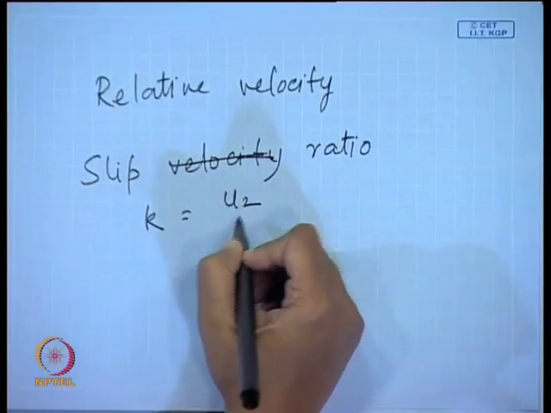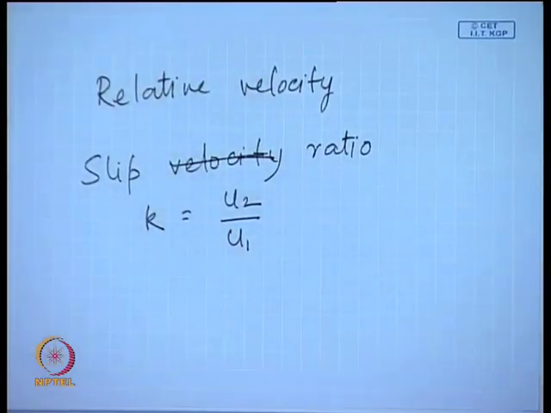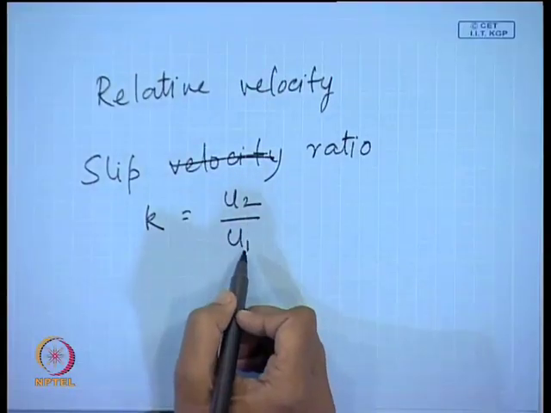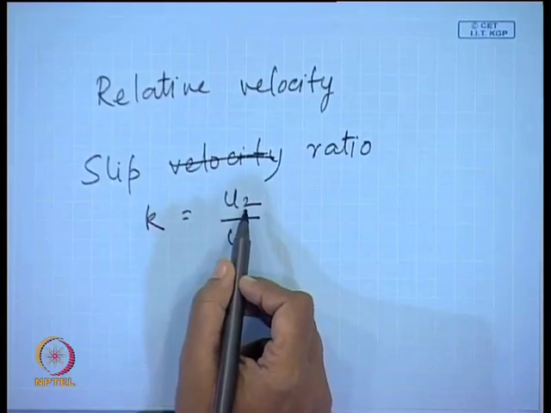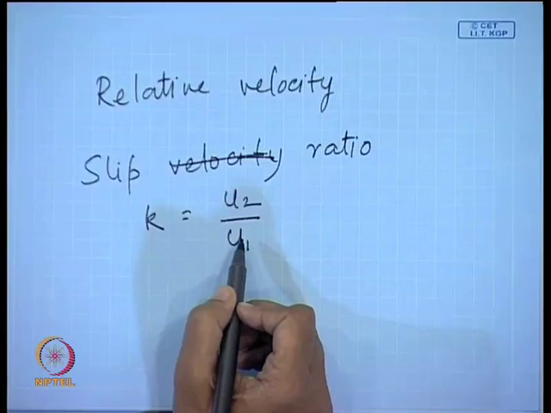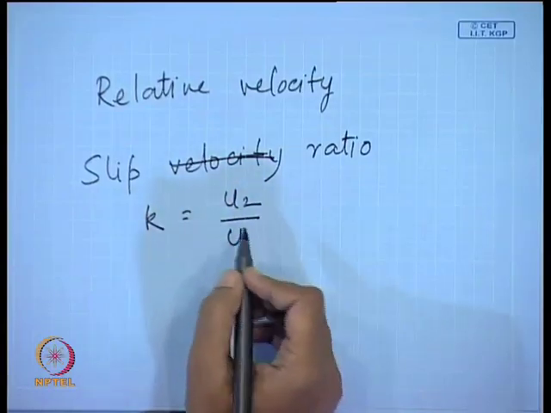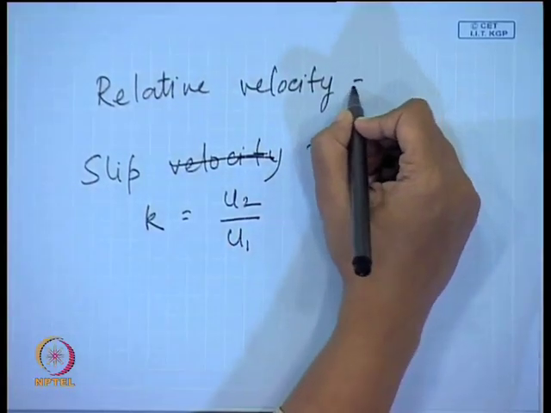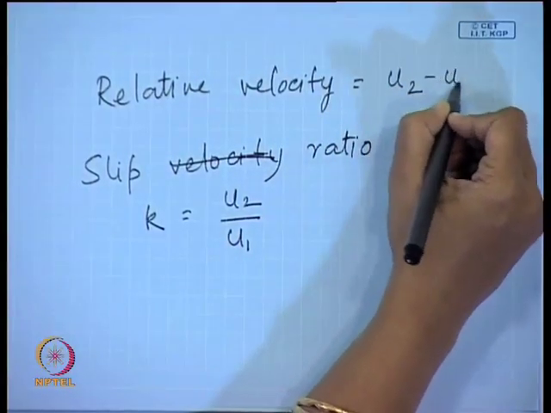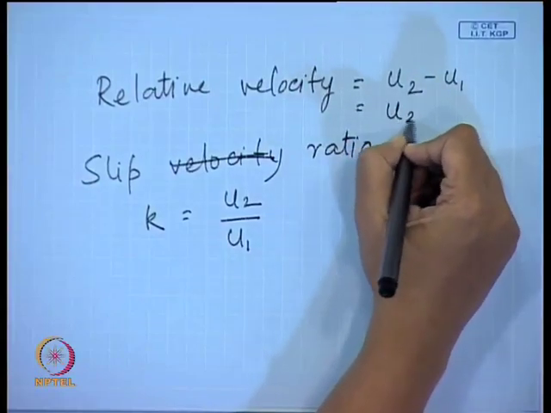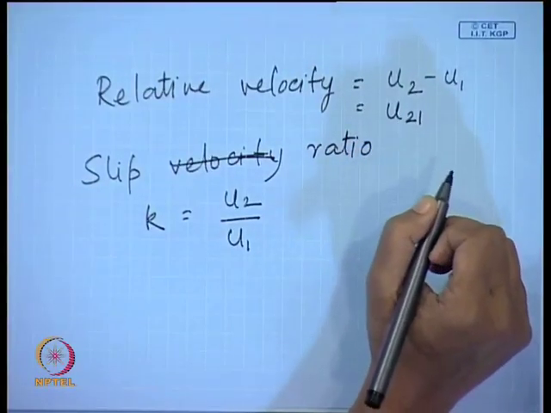This is the ratio of the in situ velocity of phase 2 divided by the in situ velocity of phase 1. Usually we know that phase 2 is the lighter phase, phase 1 is the heavier phase. So, K is always greater than 1. And relative velocity, you already know, is u2 minus u1, and this is denoted as u21, isn't it?